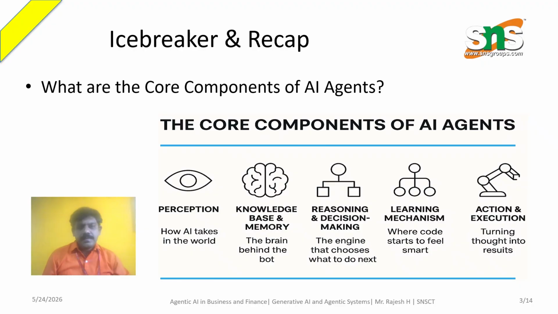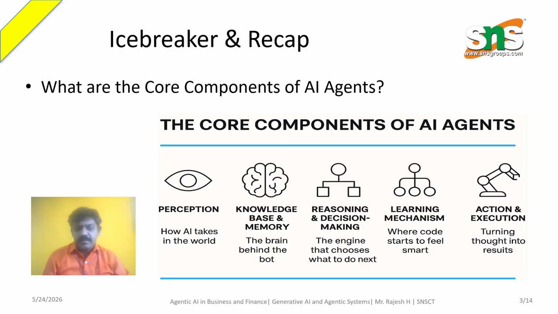So let's take a recap with some ice-breaking questions. What do you know about the AI agent, and what are the core components of AI agents? You know that the components involve five verticals, from perception till action and execution. At the perception stage, we need to know how the AI is observing the projects, products or objects.